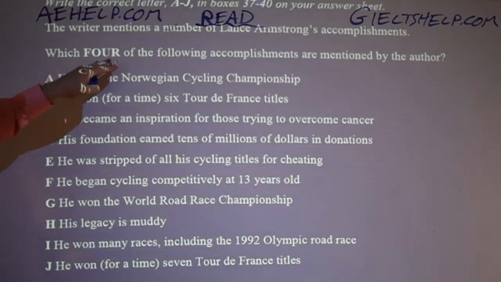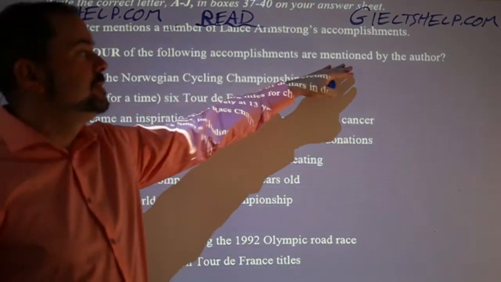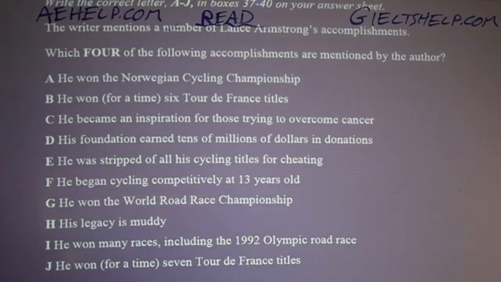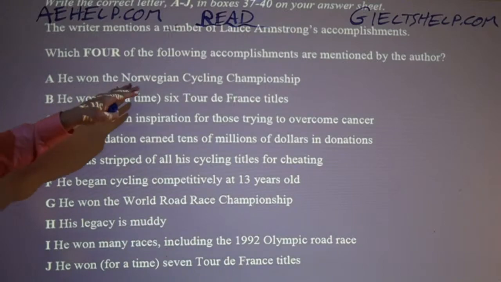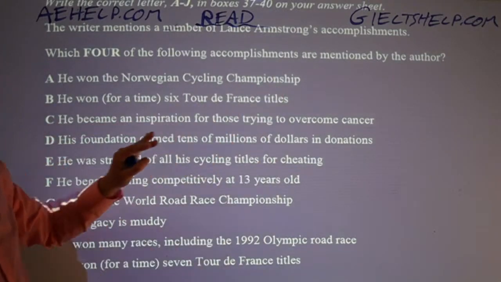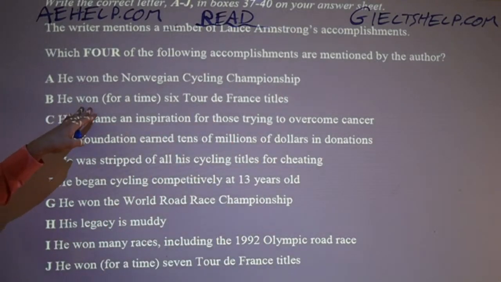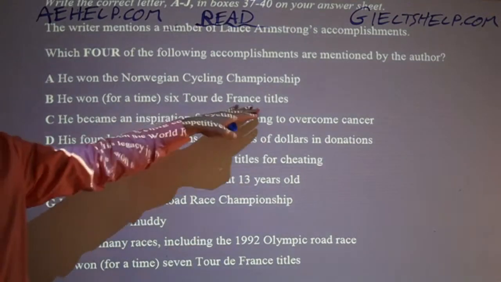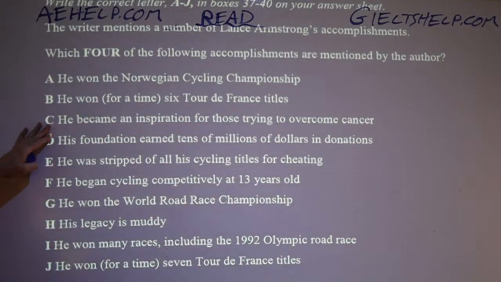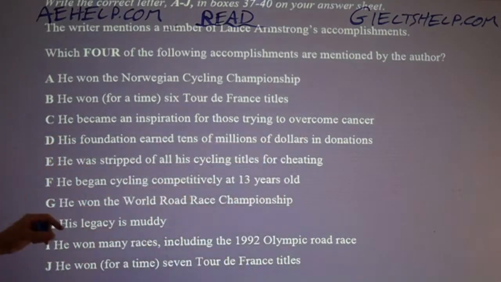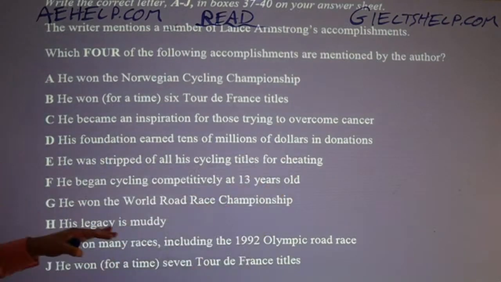So here, which four of the following accomplishments are mentioned by the author? A, he won the Norwegian Cycling Championships. B, he won for a time 6 Tour de France titles. C, he became an inspiration for those trying to overcome cancer. D, his foundation earned tens of millions of dollars in donations.